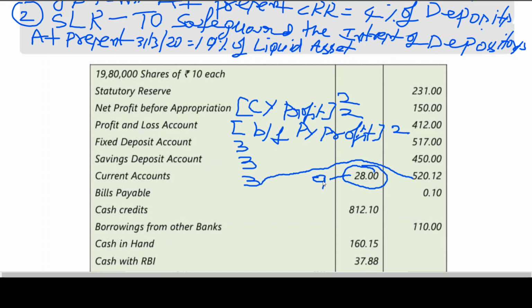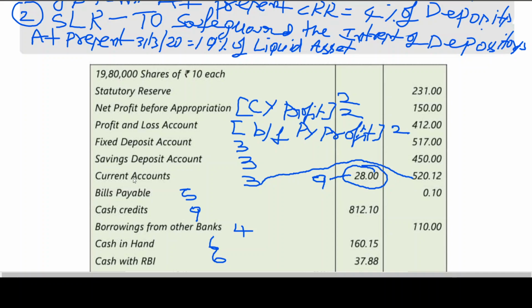Debit balance of current account is Schedule 9. Next, bills payable is Schedule 5. Cash credits, Schedule 9, is advances. Borrowing from banks, liability, Schedule 4. You can see this is credit balance. Cash in hand, Schedule 6. Cash with RBI, Schedule 6.